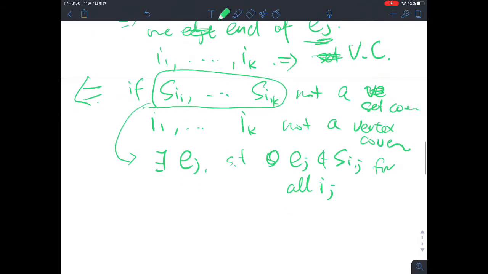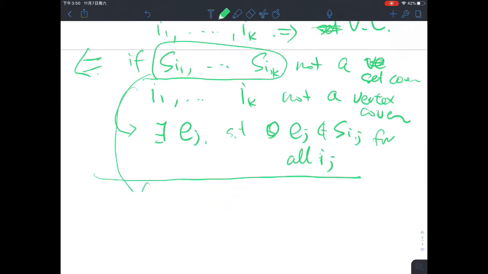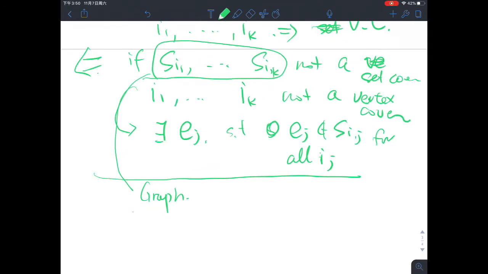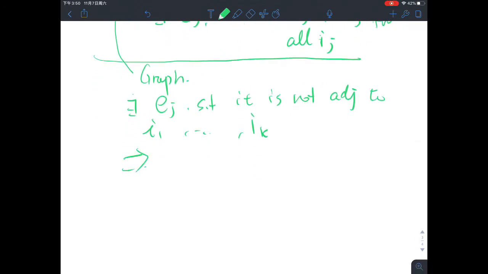Now again, if we repeat the same statement using the graph language, that basically means that there exists an Ej such that it is not adjacent to any of I1 up to Ik. That's actually the definition, which directly means that I1 up to Ik is not a vertex cover.